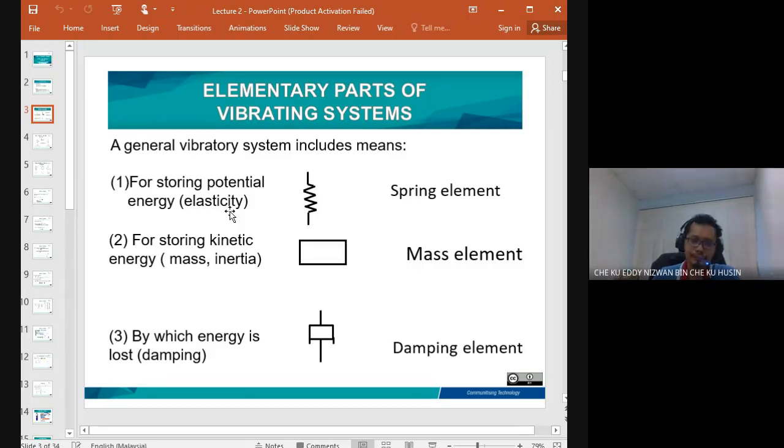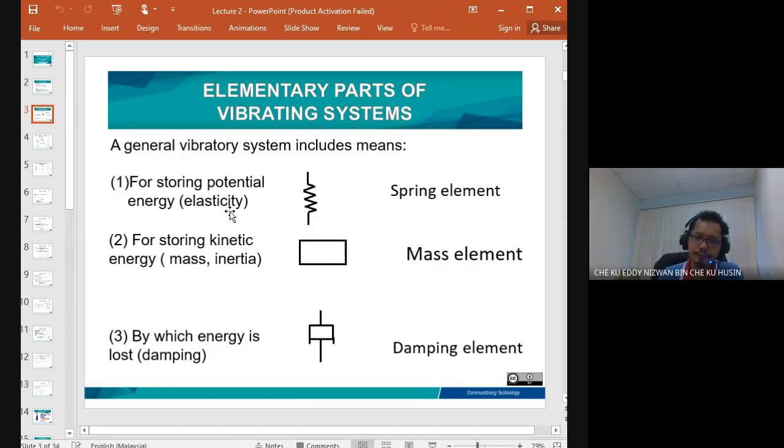The spring element relates to potential energy, so in terms of force, F equals Kx. The mass element relates to the inertial force, F equals ma. And the last one is damping, which is about energy dissipation.